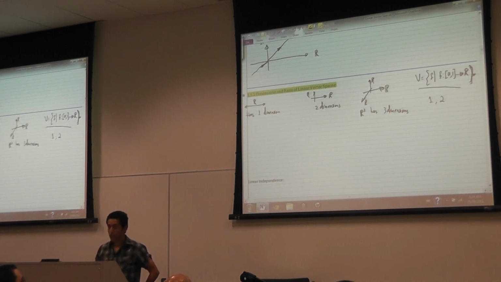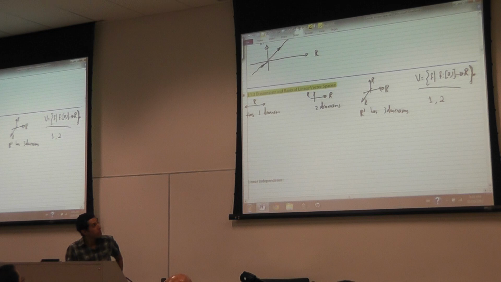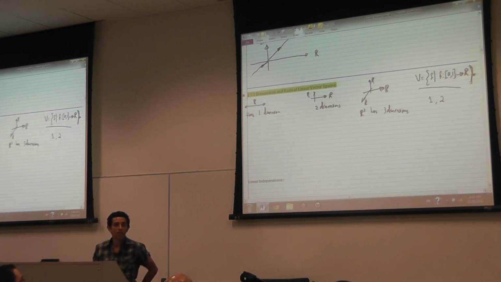These are the functions that are defined on [0, 1] to R. It's R, one dimension? R is one dimension, yes, but this is not R. So this is actually infinite dimensions.